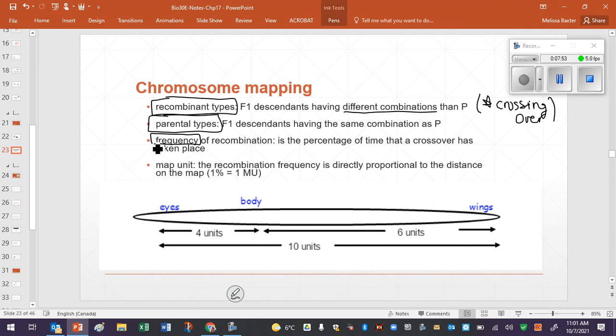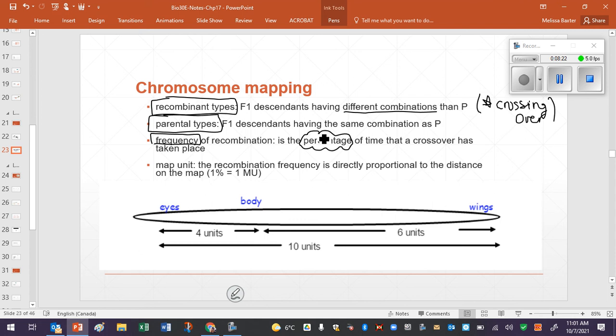If the offspring have the same combination as the parents, they go in parental types. If the offspring have a different combination than the parents, they go in recombinant types. And we'll figure out what percentage of the offspring are those recombinant types. It's usually given as a percentage. It could be given as a fraction or a decimal number too, but percentage is really the most common type of data that's used.